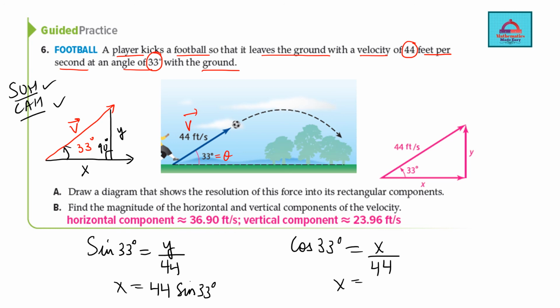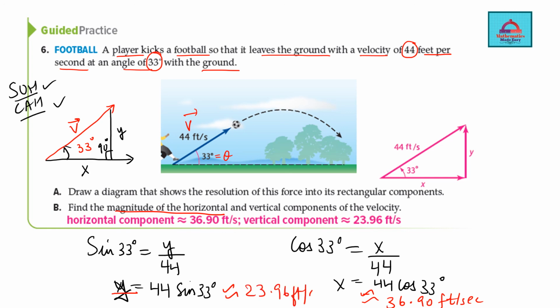Sorry, here it is y, here it is x. So 44 cos 33, you can do it from your calculator, and roughly the magnitude of the horizontal, which is x, will come out to be roughly 36.90 feet per second, and for the vertical using sine, y will come out to be 23.96 feet per second.